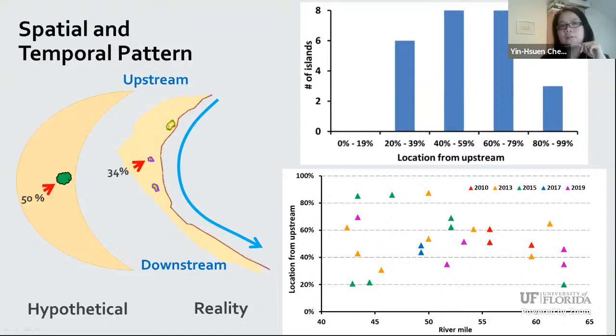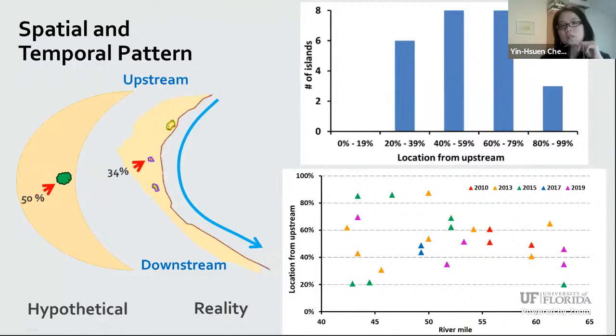This percentage means from upstream to downstream. If you call the downstream end 100%, a smaller number basically means this island is closer to the upstream. So in an ideal world, if this vegetation island is in the middle, you can call it 50%.